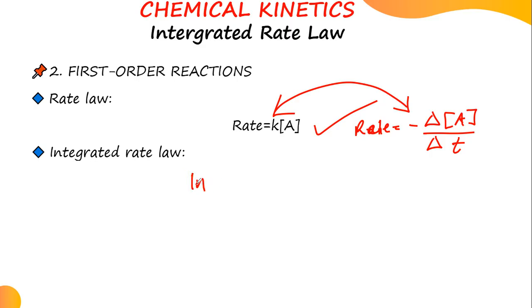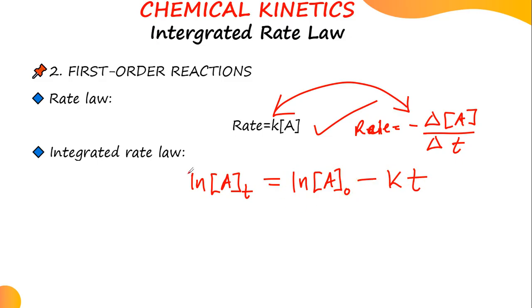For the first order, the formula is the same one as the zero order; we just have to add the ln. So it's going to be ln of the concentration at time t, and then ln of the initial concentration, then minus.